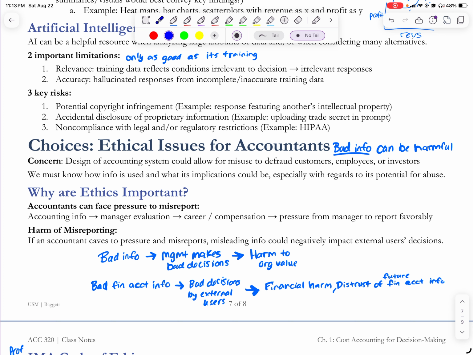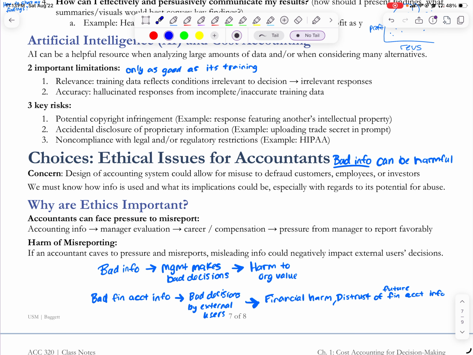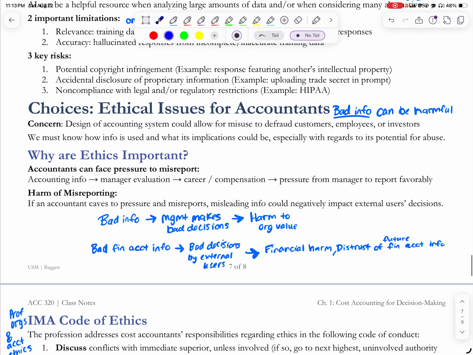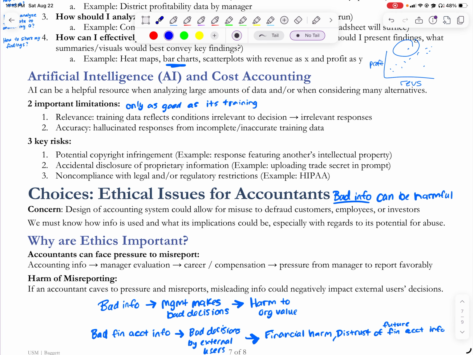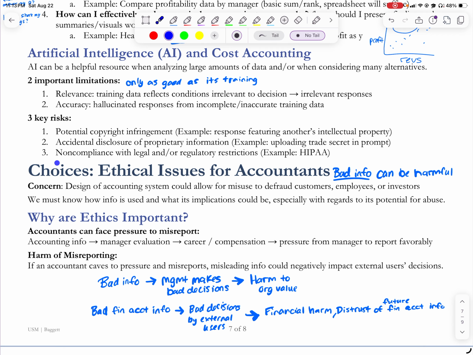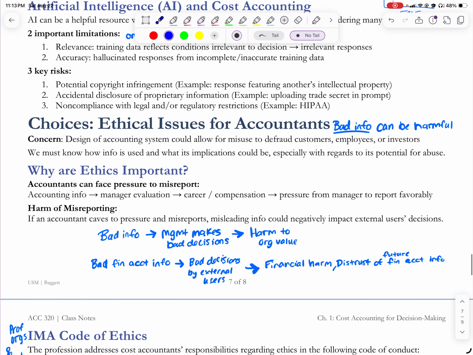So, an example, if you're a doctor, you got some patient data that's not de-anonymized, and you upload it, you could be in violation of HIPAA. So those are concerns. Think about the data that you're uploading. Think about the responses you're getting. Make sure they're in compliance with the laws, regulations, and ethical concerns that govern you.